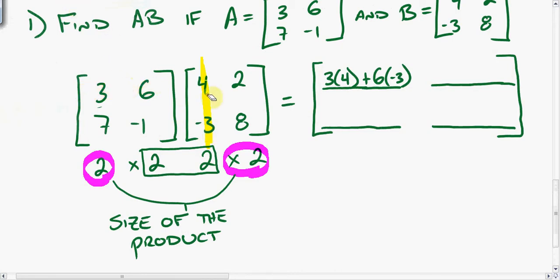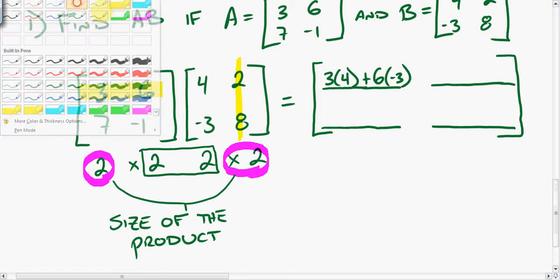Okay, I'm going to erase those. Now let's work on this location. It's first row, second column. So I still need the first row, only now it's the second column I'm interested in.